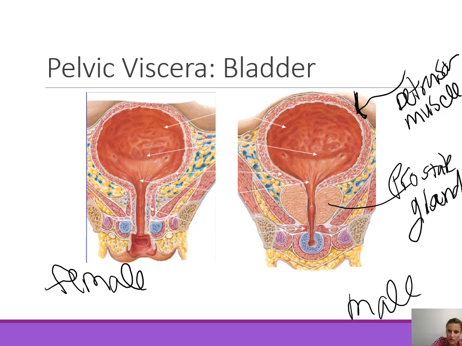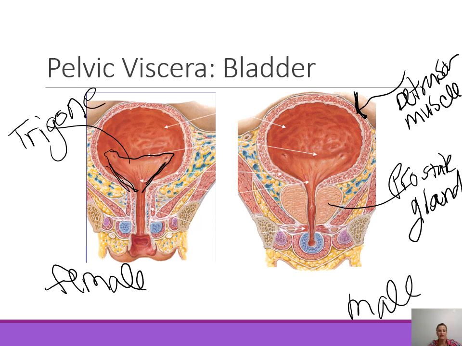The trigone is this smooth triangular shaped area. And that trigone acts as, it's kind of like a funnel directing the urine down into the urethra. The folds that you see present in here are rugae.